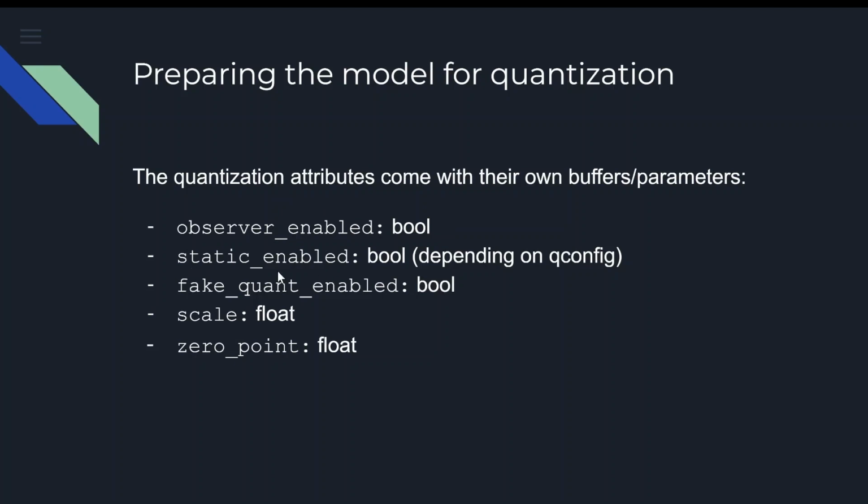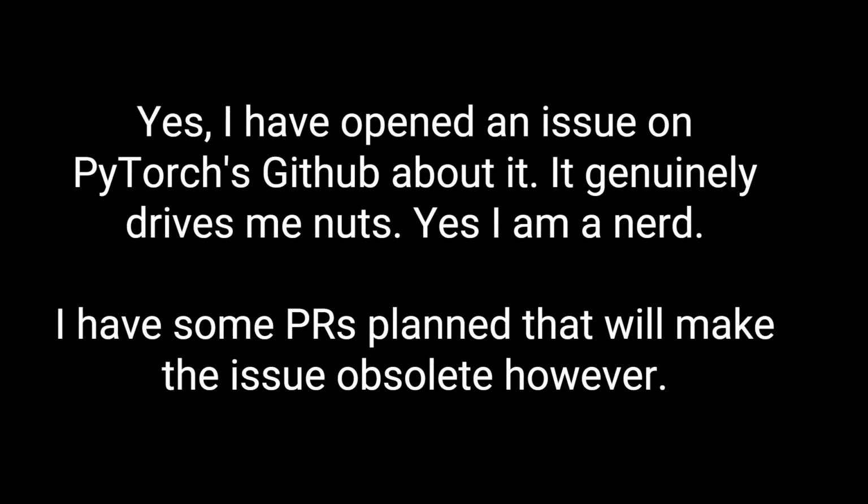Depending on what QConfig you're using, if you're using learnable fake quantize, you will also have something called static enabled. It does the exact same thing as observer enabled does in other QConfigs. I will try not to be too critical about this, because PyTorch code does a lot of really cool things and I rely on it for a lot of stuff, but there are times when I think these don't need to be different.